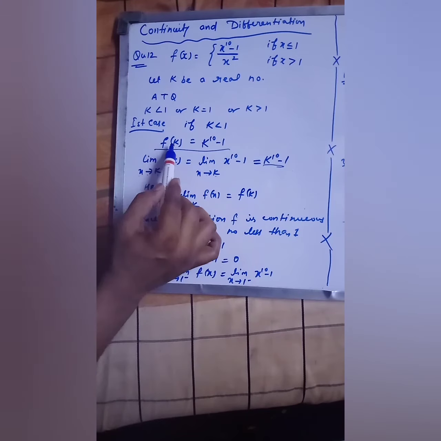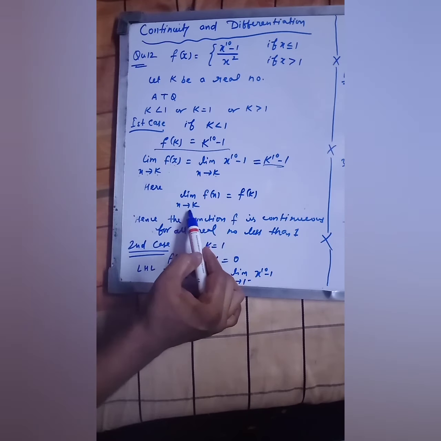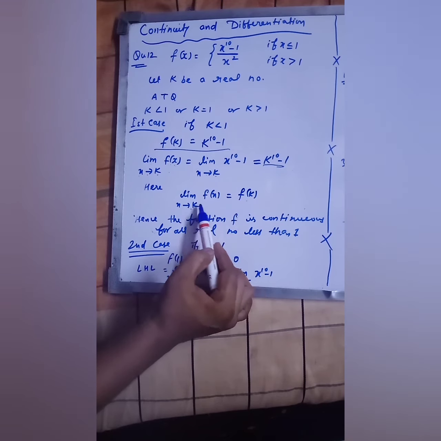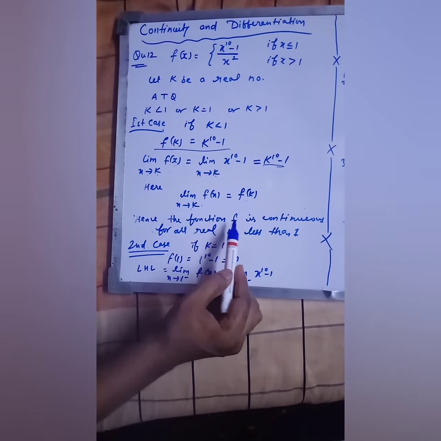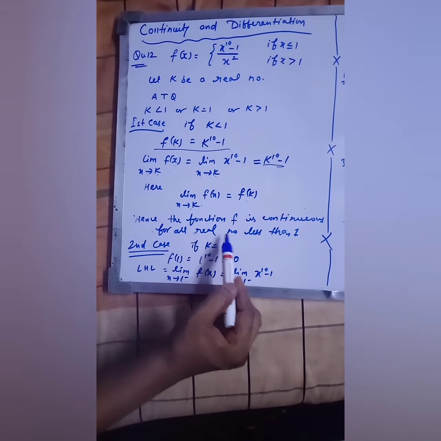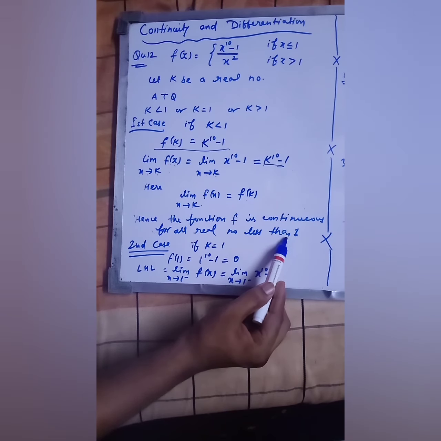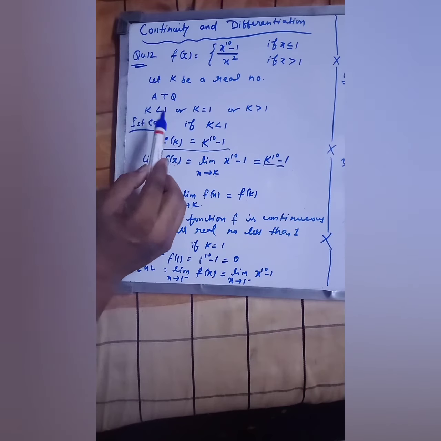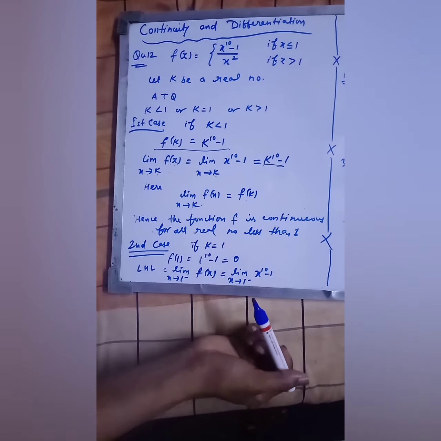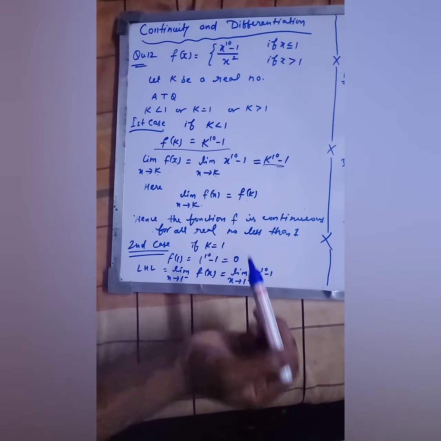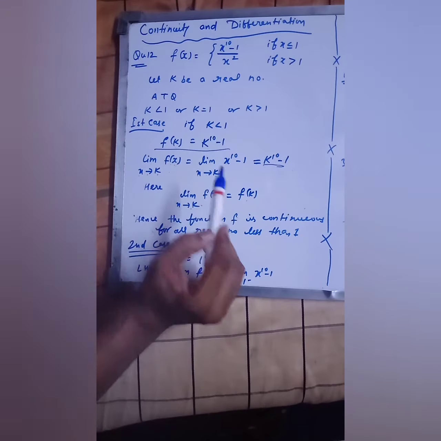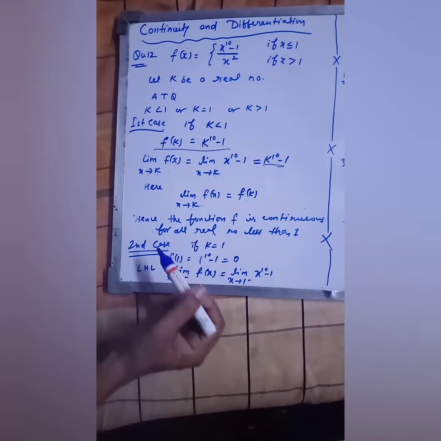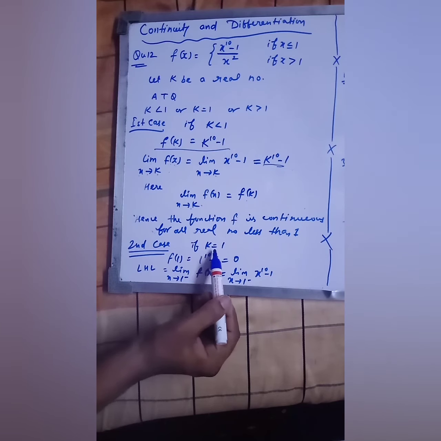That means your f(k) is equal to this. If both are equal, hence the function f is continuous for all real numbers less than 1. Your first case you have proved. Okay, where it is continuous when k is less than 1. Now your second case is when k is equal to 1.